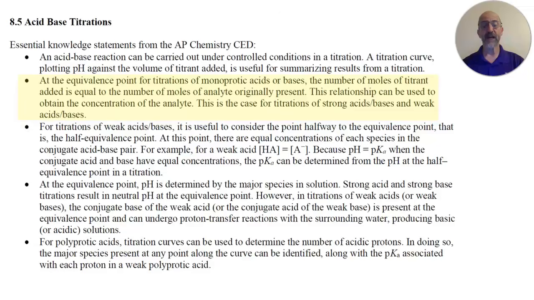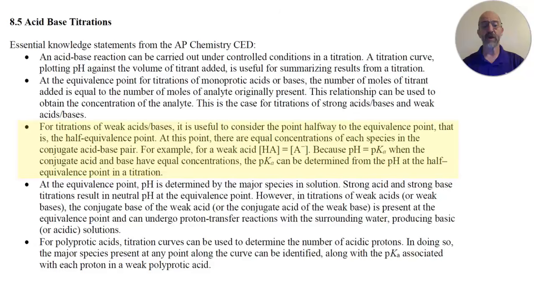Now, this is the case for titrations of strong acids and bases as well as weak acids and bases. For titrations of weak acids and bases, it is useful to consider the point halfway to the equivalence point. That is known as the half equivalence point. At this point, there are equal concentrations of each species in the conjugate acid-base pair.